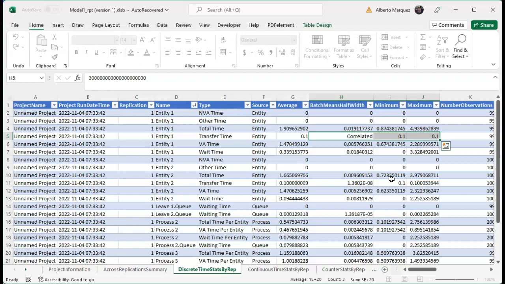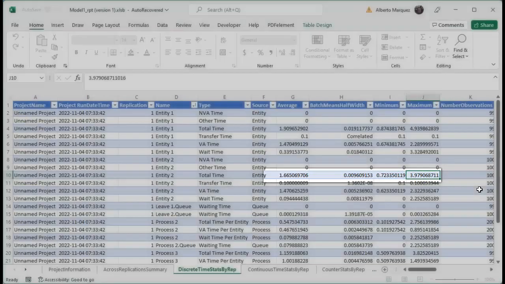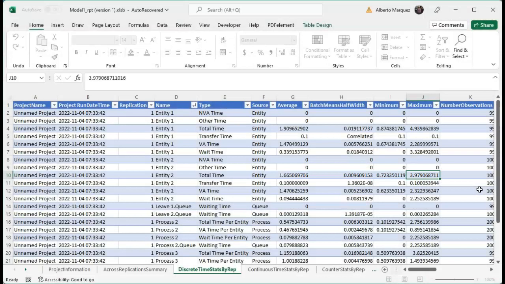That's not the case for other observations, in which, for instance, the total time in system for entity 2 has a minimum of 0.72. That's the fastest any entity was able to go through the system, and the maximum time that any entity spent in the system was 3.98 for practical purposes, with an average of 1.66.